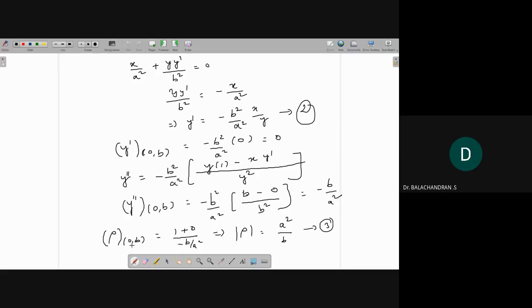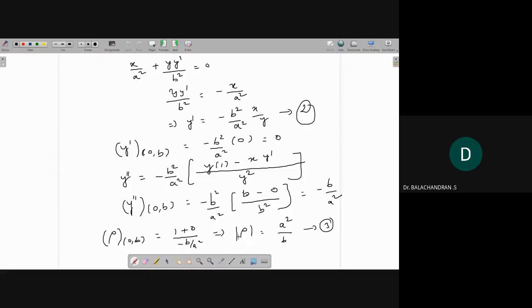So rho at the point 0 comma b equal to 1 plus y dash square, y dash is 0, so 0 whole power 3 by 2, divided by y double dash. Y double dash is minus b by a square. I need the modulus of rho, rho is always positive. Hence the modulus of rho equal to a square by b.